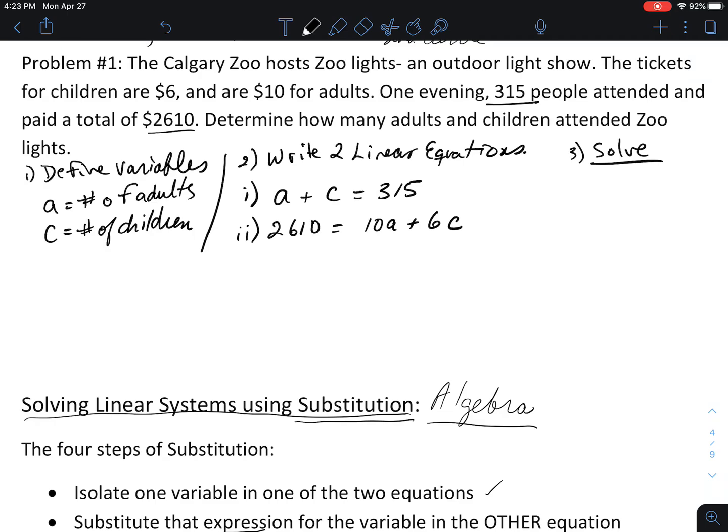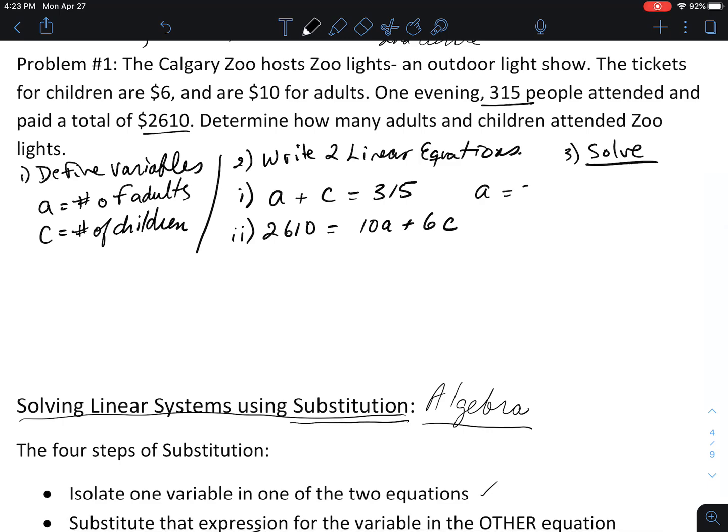And now my third step is to solve, picking some strategy. What I might do for this one is isolate A. A is 315 minus C. And then I'm going to put this in here where A is. So I'm going to decide to use substitution.